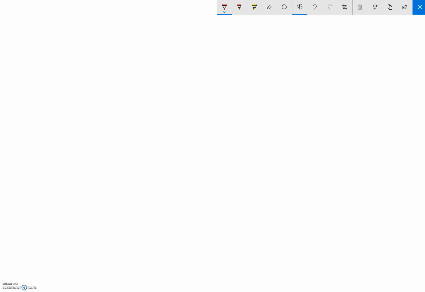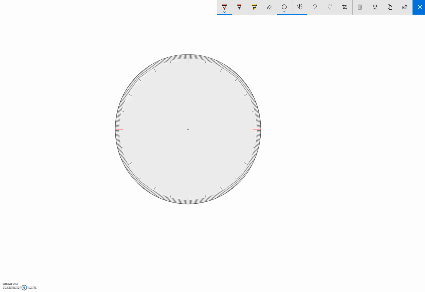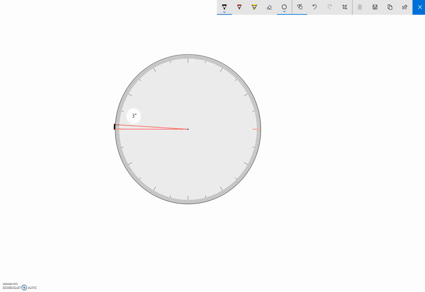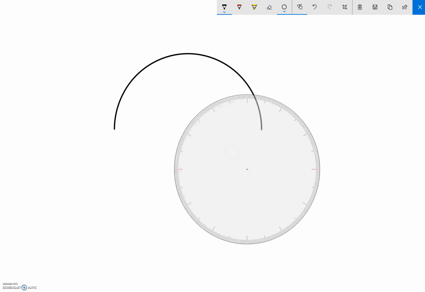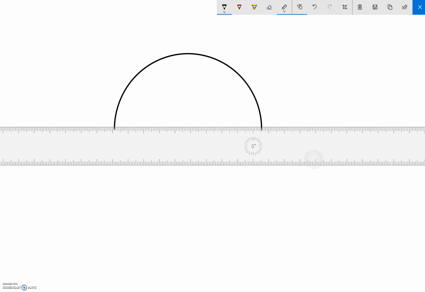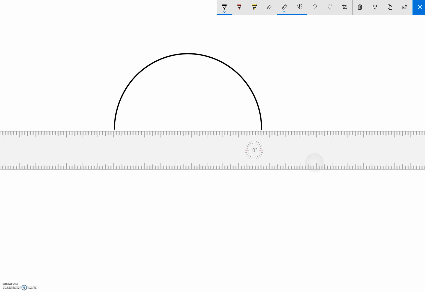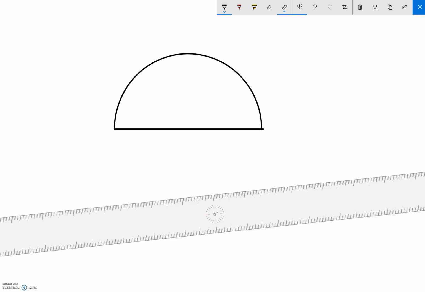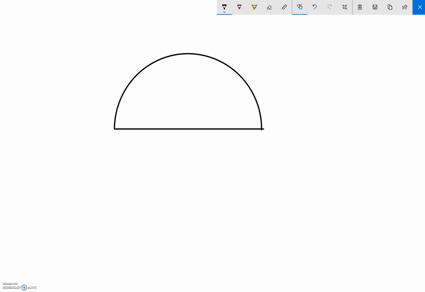Now, one more thing you might see would be a question like this. They may give you a half a circle and ask you to find the distance around it.